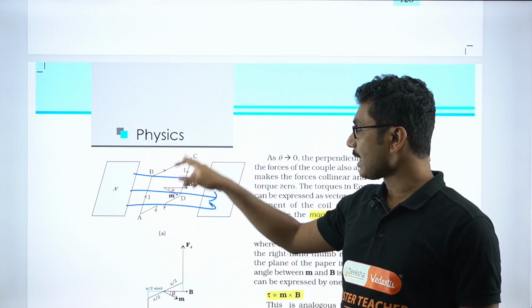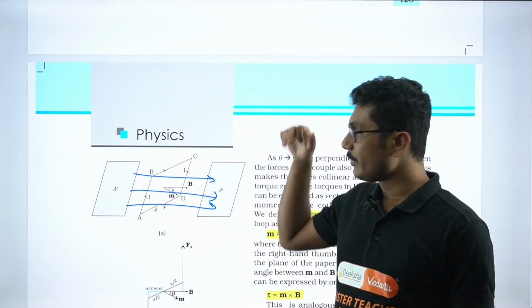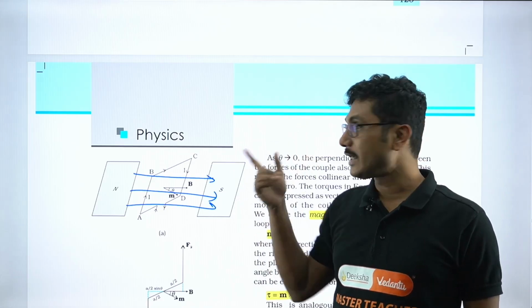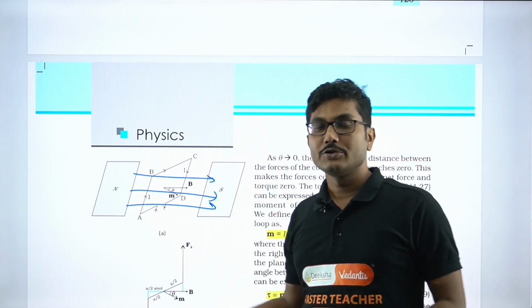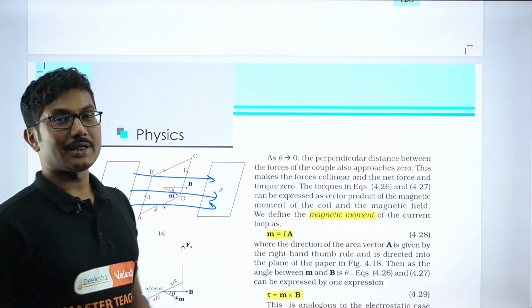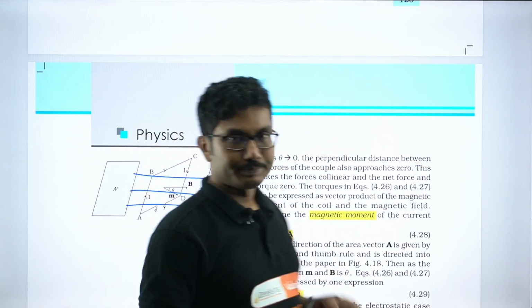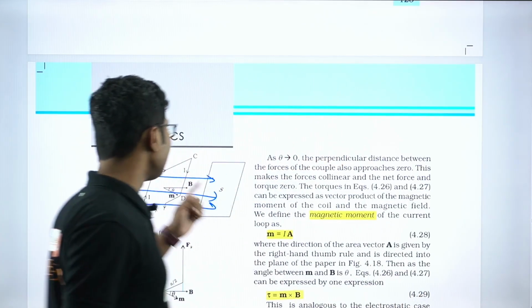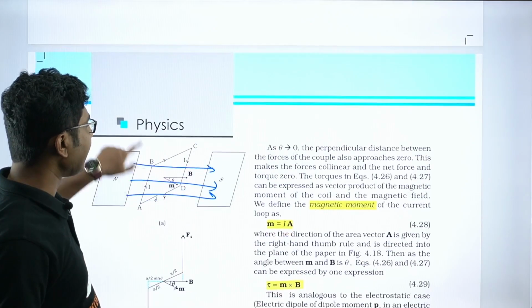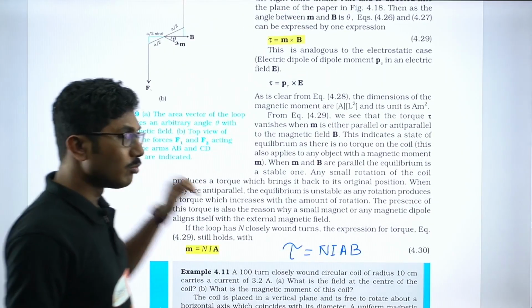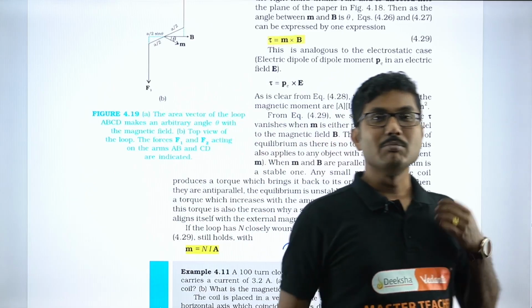Since the two ends are parallel, one end experiences a force upward and the other experiences a force in the opposite direction. So it experiences a torque, and that torque helps it to rotate. That is the basic function of most of our electric motors.